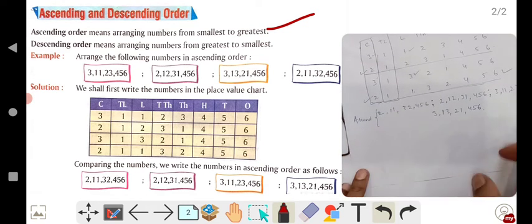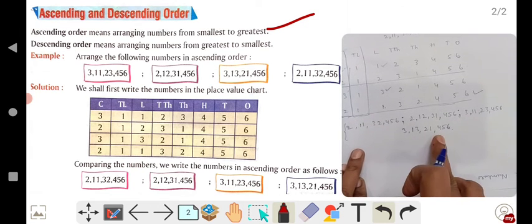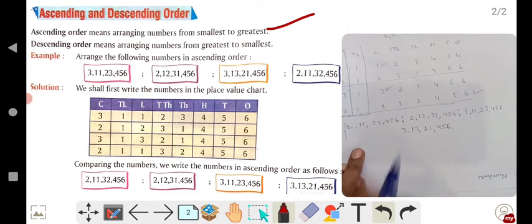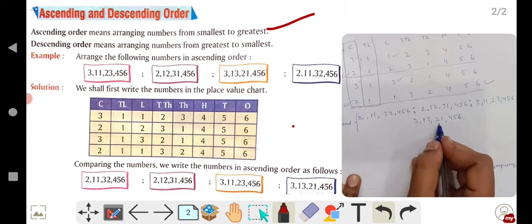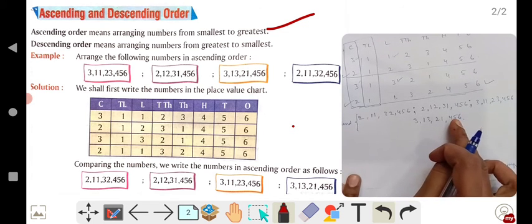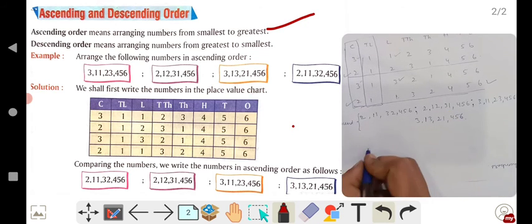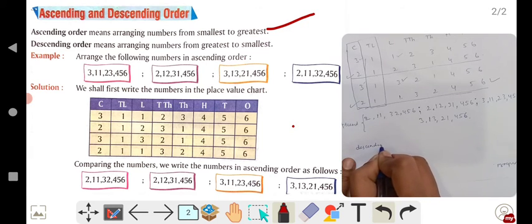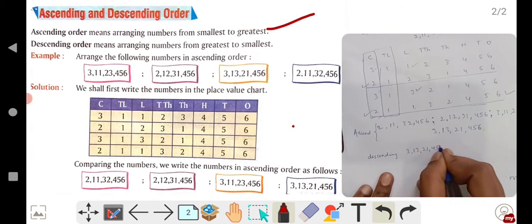To write in descending order is just simple. Ascending means you are writing from small to big. Descending means from big to small. You have to move from this number back to that number. Then you will write the descending. In ascending, whichever is last, in descending order that will be the first number because it is the bigger number. So descending order: 3 crore 13 lakh 21,456.